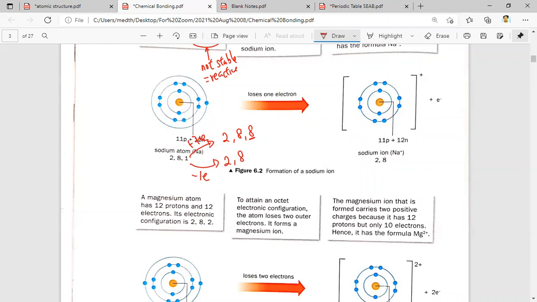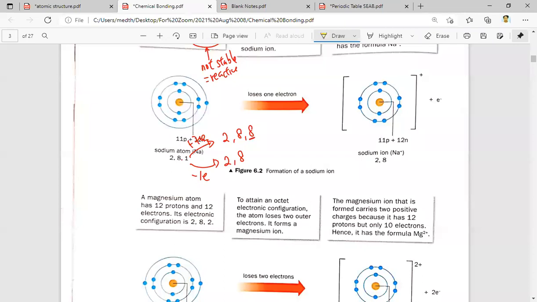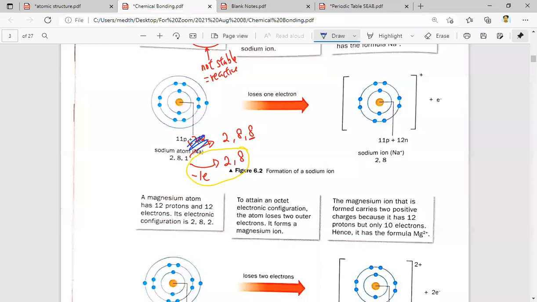Obviously, we think in terms of which one is easier to become stable. It's definitely a lot easier to lose 1 electron instead of gaining 7. As such, gaining 7 electrons actually doesn't exist. So the sodium atom will lose 1 electron to become 2,8.